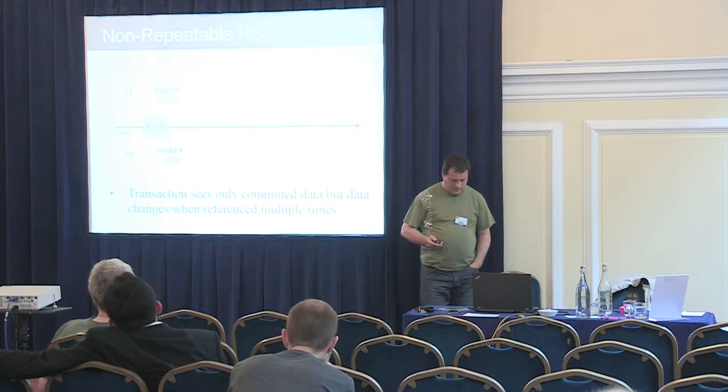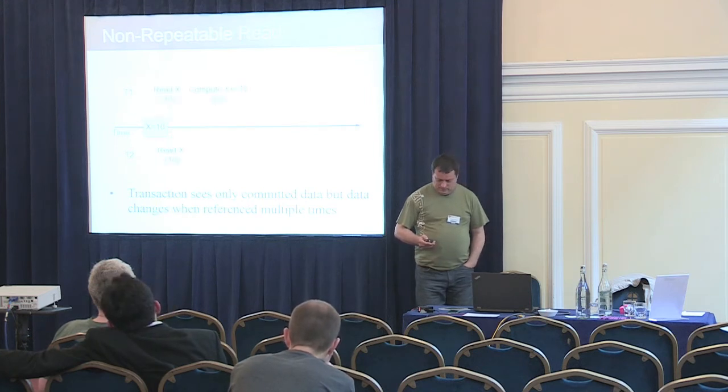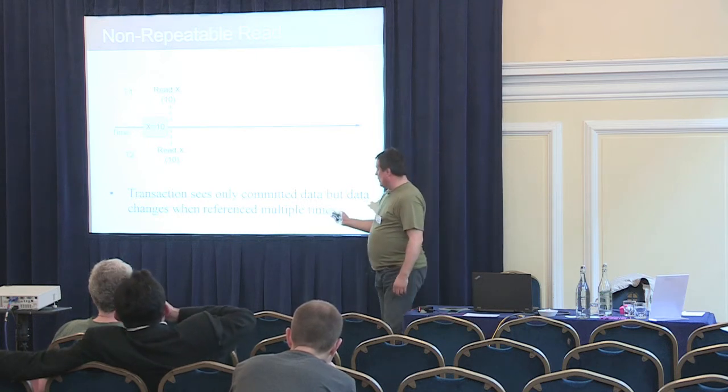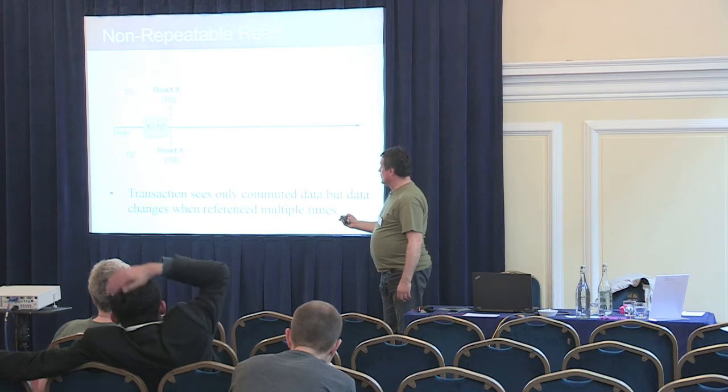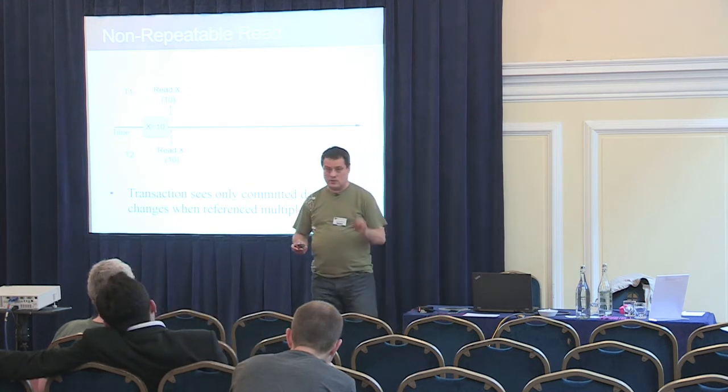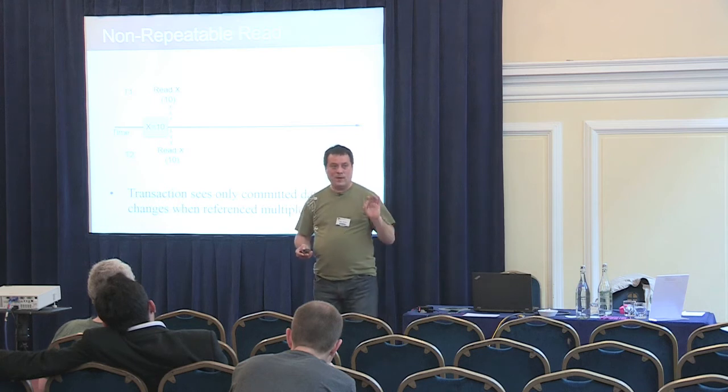So for example here, let's say that this is the second application. You see, this was a non-repeatable read. And the second application wants to be sure that nobody will update data in between while the transaction is running.